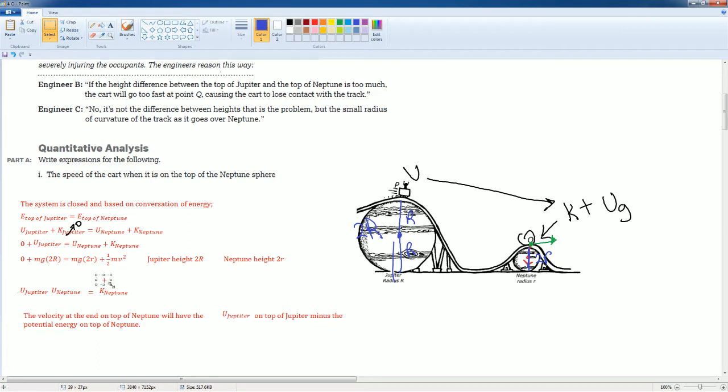And that's how it should look. It's going to be a subtraction, and if you want to write that, it should look like mg2r minus this.